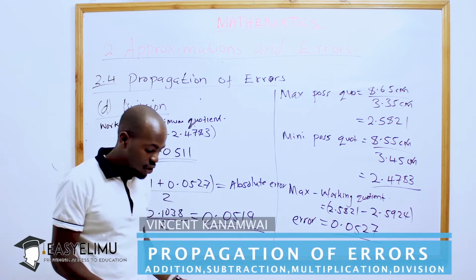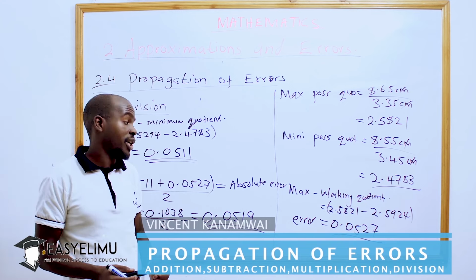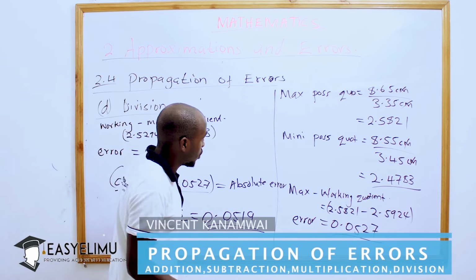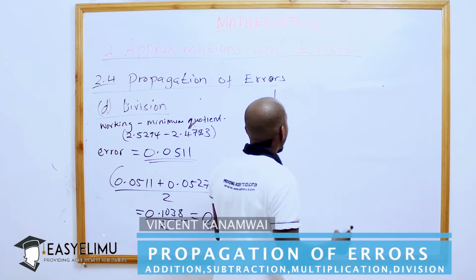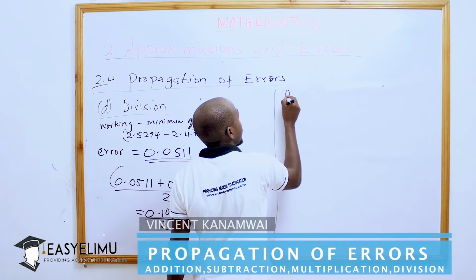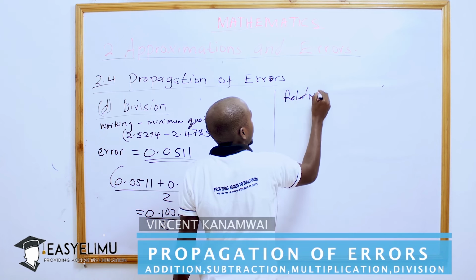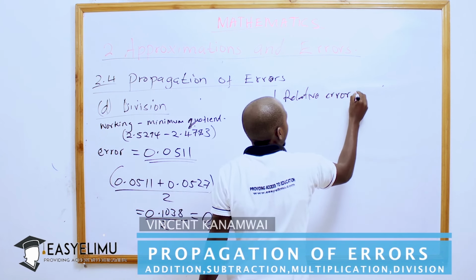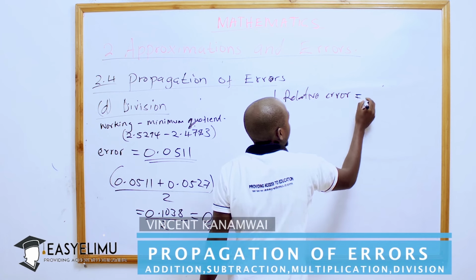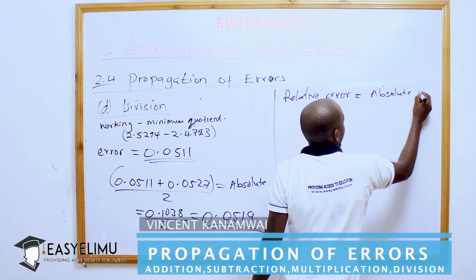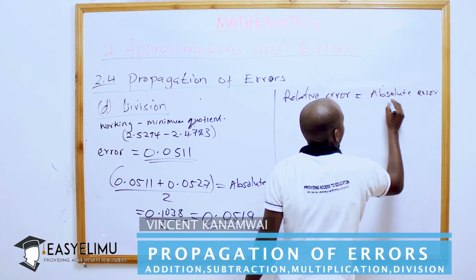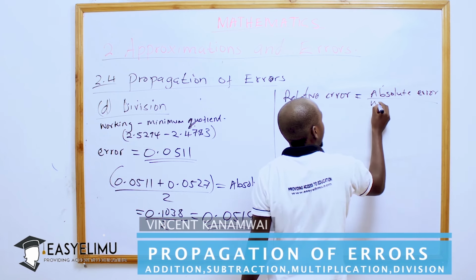And if you are asked to find the relative error in the quotient, then the relative error in the quotient will be the absolute error over the working quotient.